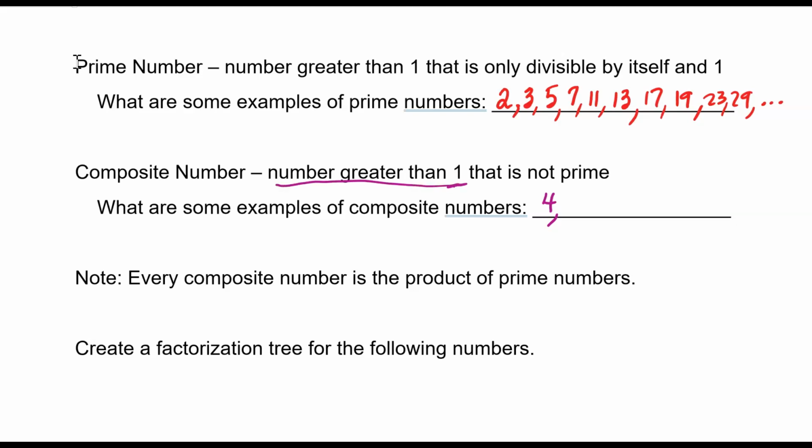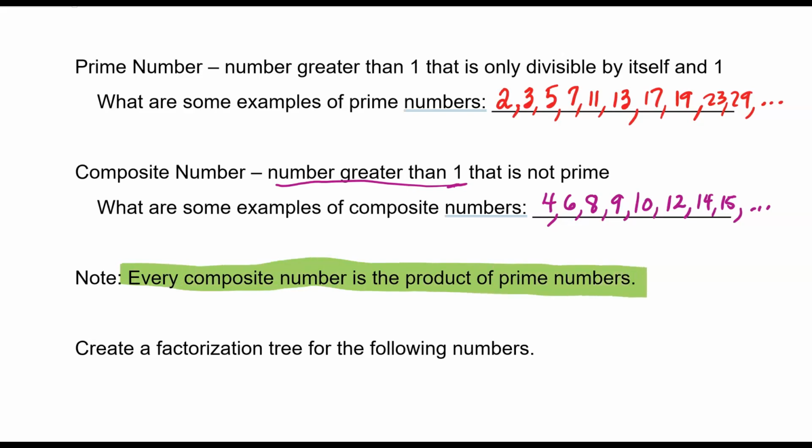If you look in between these numbers, 6, 8, 9, 10, 12, 14, 15, etc. Every composite number is the product of prime numbers. So we can break down composite numbers into prime numbers. That's all it's saying.